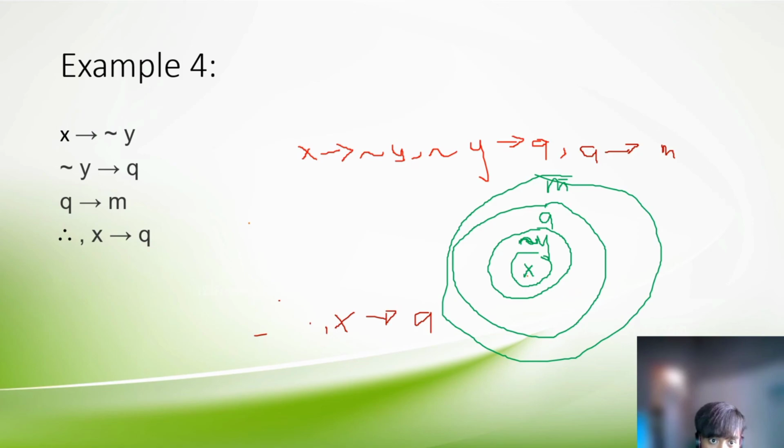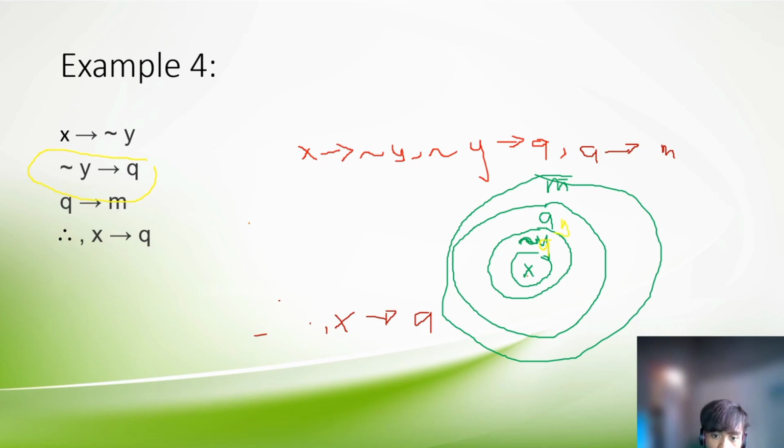You can see on the second premise, there is a transpose here and transpose there. And on the second, we will transpose the Y to Q. Therefore, the Q will be located over here. So transpose nga sila, kapalit.